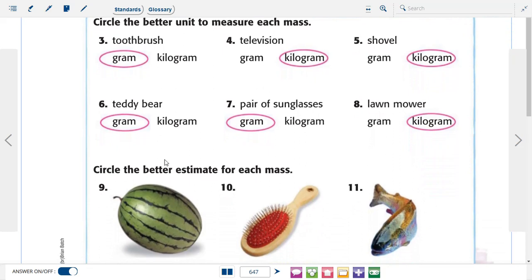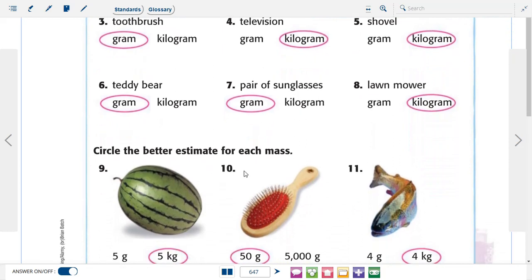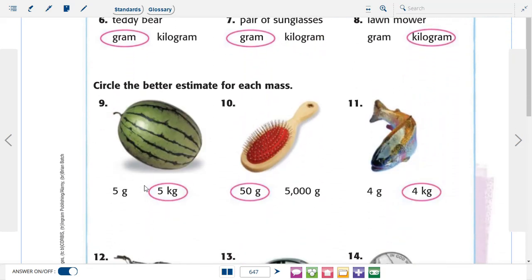Okay, now circle the better estimate for each mass. Now the watermelon, is it 5 gram or 5 kilogram? Which mass describes it better? Yes, kilogram. Now this brush, 50 gram or 5,000 gram, which is 5 kilogram.